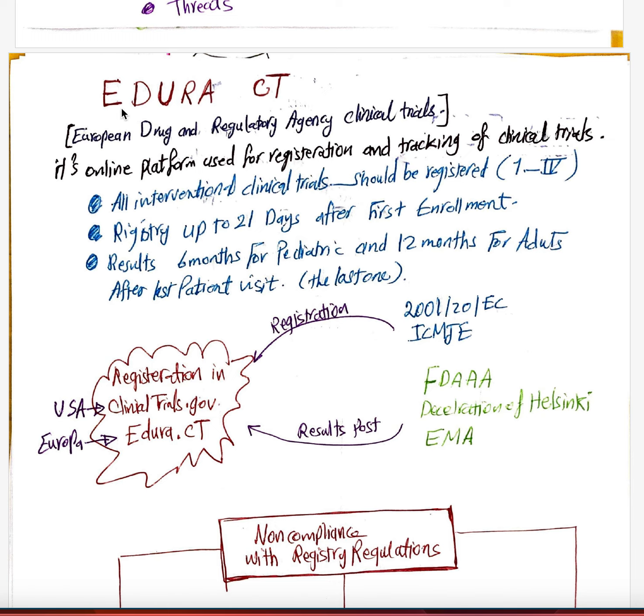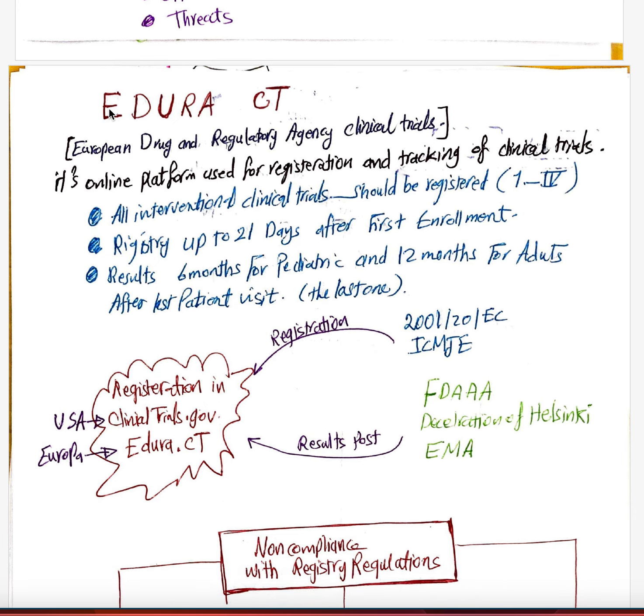And then we talk about EudraCT, and we have to know what EudraCT refers to, or the abbreviation for what. E, European, D, drug, and R, regulation, agency clinical trial. So EudraCT is the European Drug Regulation Agency of clinical trials.